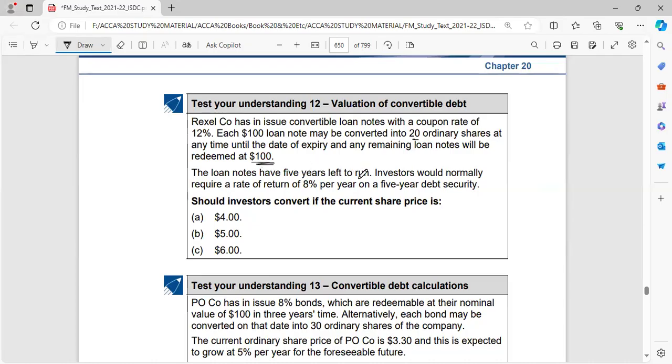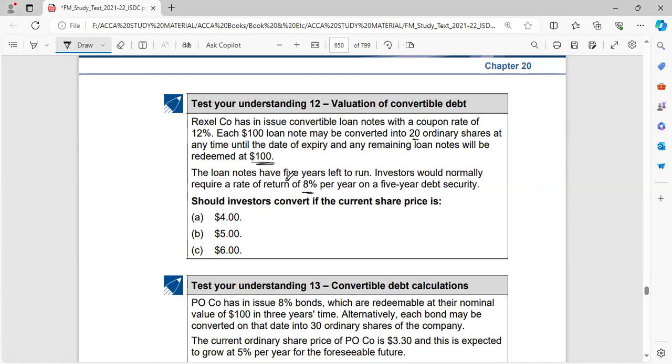Loan notes have 5 years left to run. Investors would normally require a return of 8% for 5-year debt security. Should the investor convert if the current share price is 4, 5, or 6? So we have to value at the different levels.